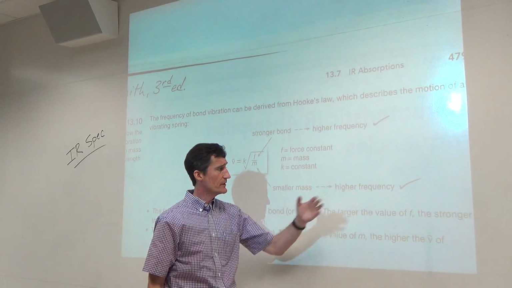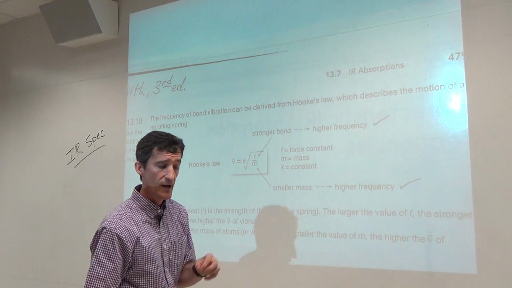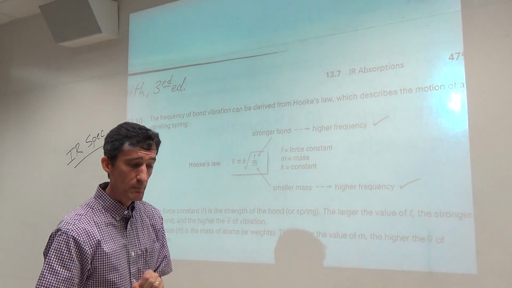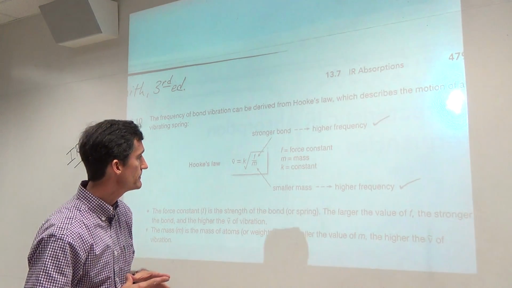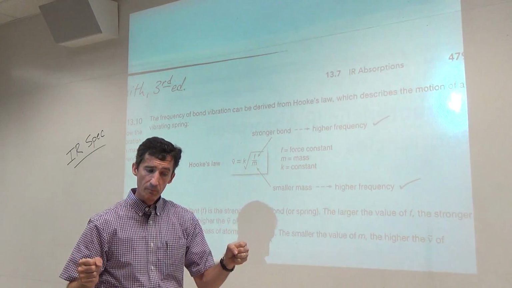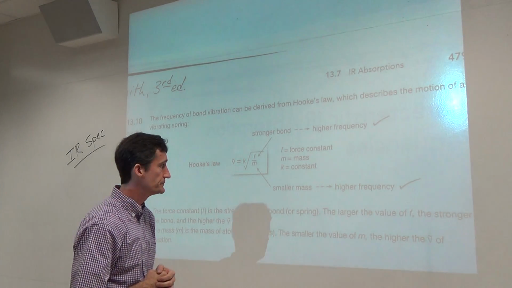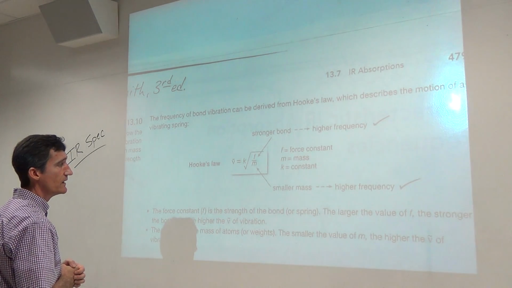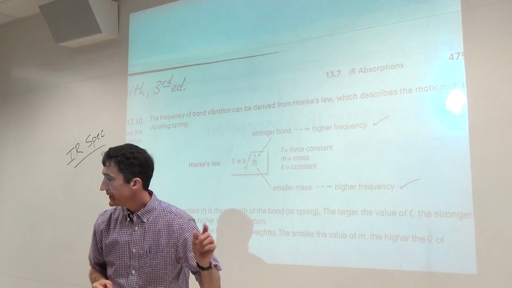Smaller mass, higher frequency. This is going to be very important when we talk about hydrogens. Hydrogen is your smallest atom. Most all others are like 12 to 15 times higher molecular weight. If you have a hydrogen involved, very small mass, you're going to have higher vibrational frequency. Now, when we get to IR, I should have said it back on the other page.